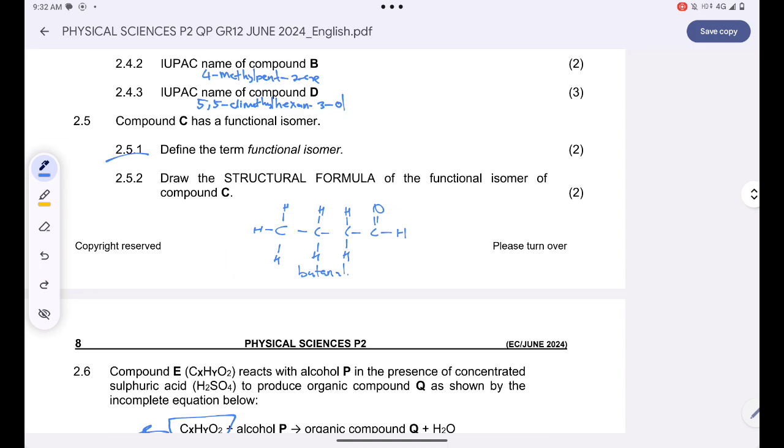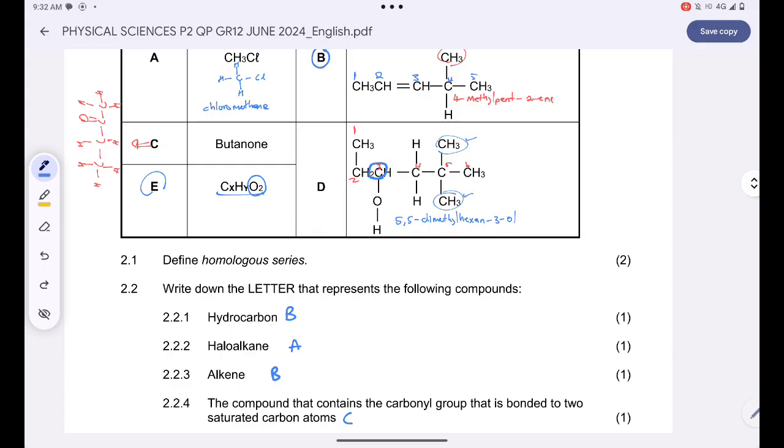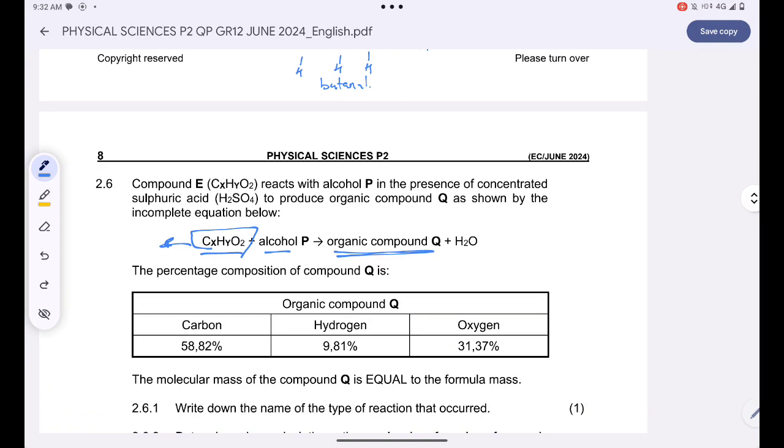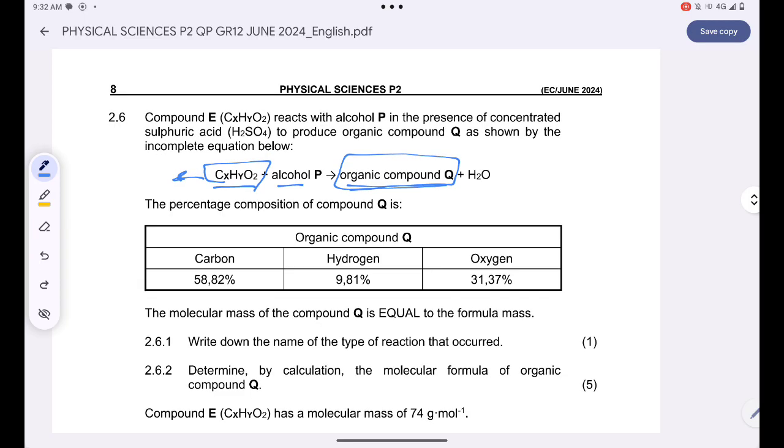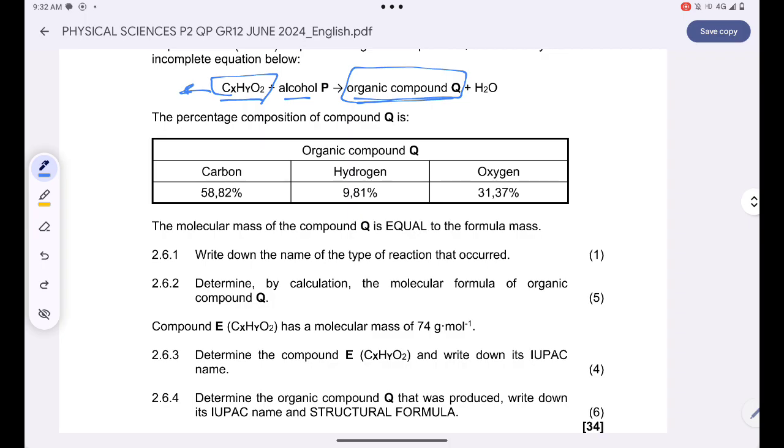And remember, guys, I told you that compound E can either be a carboxylic acid or an ester. So now the examiner tells us that compound E is a carboxylic acid, because whenever you react it with an alcohol, you will form an ester. Are you together? This type of reaction, guys, is called esterification. Or you can say it's a condensation reaction.